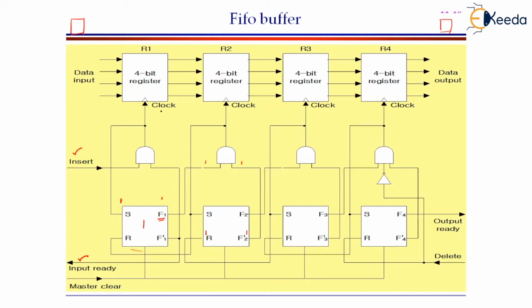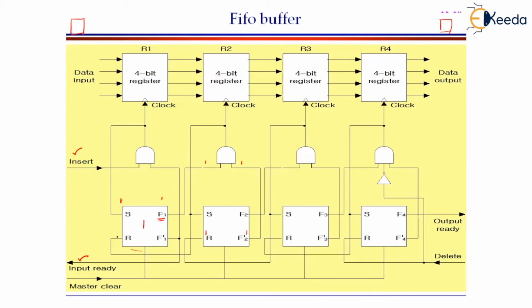How are we going to make it? Simply by making the value of the flip-flop 0. When the value of a flip-flop is 0, it states that the corresponding value within the register is equal to 0. So, the moment this clock is enabled, you can clearly see the output of the AND gate is connected to reset.